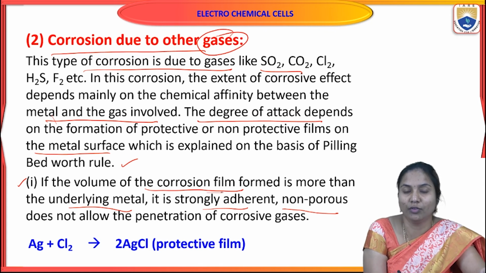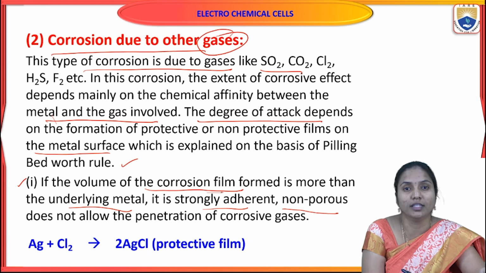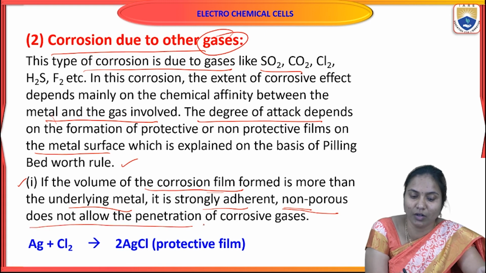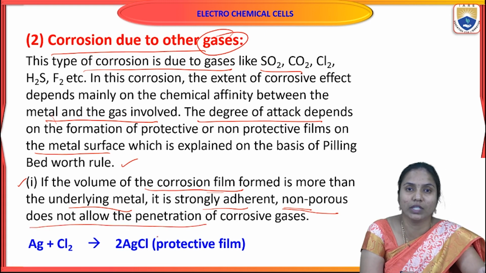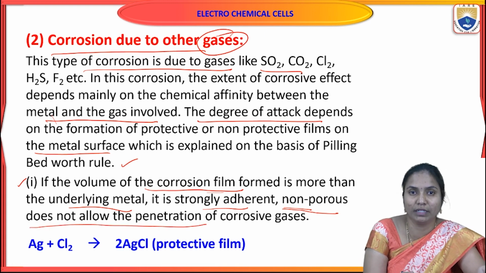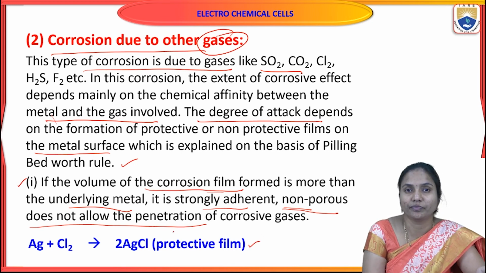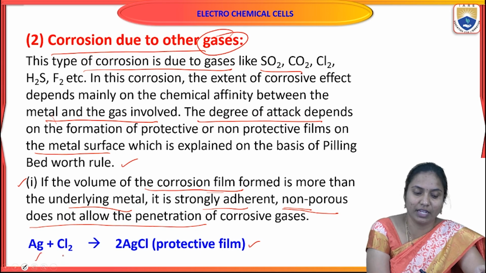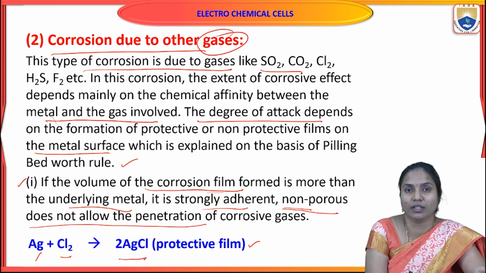Here also, the film is non-porous and does not allow the penetration of corrosive gases, so it protects the metal from corrosion. The best example is silver chloride. When silver interacts with chlorine, it forms silver chloride, and this layer acts as protective.